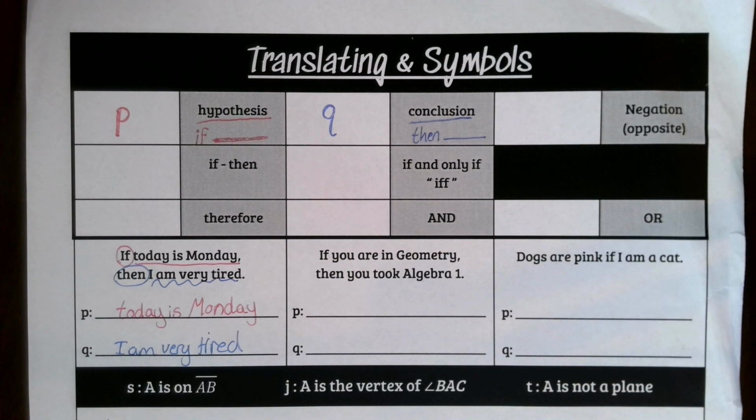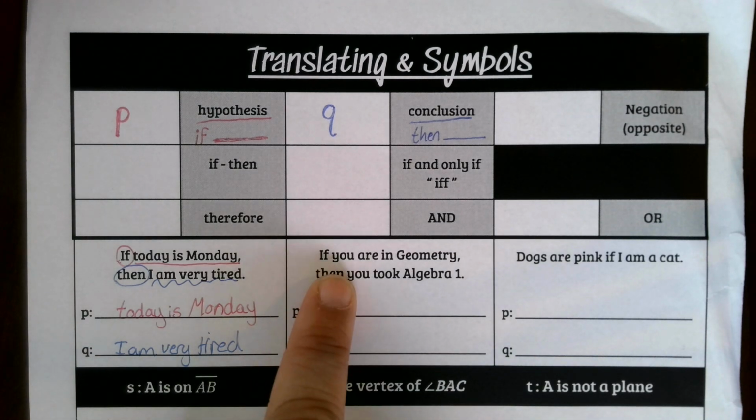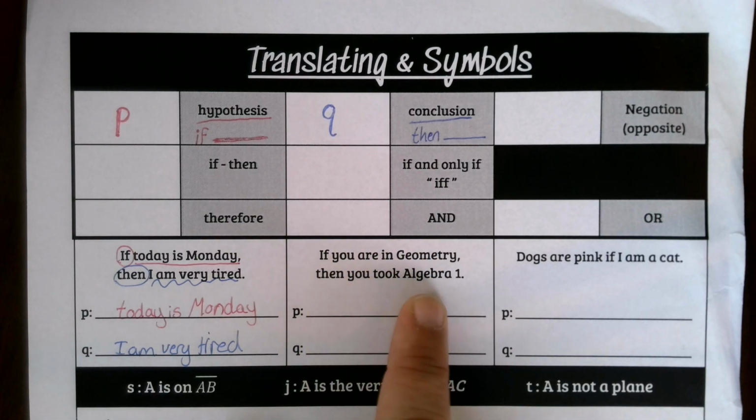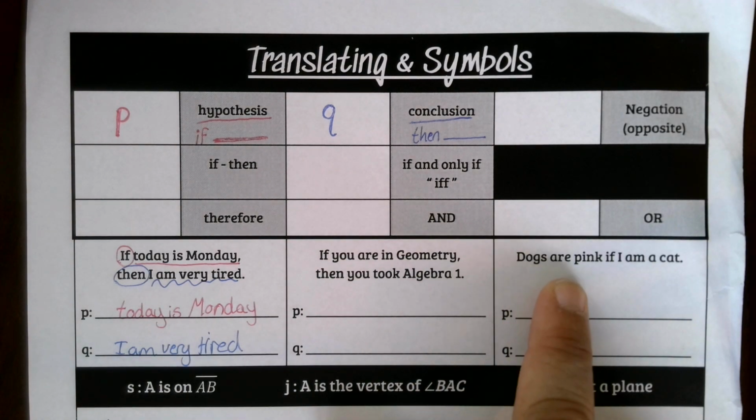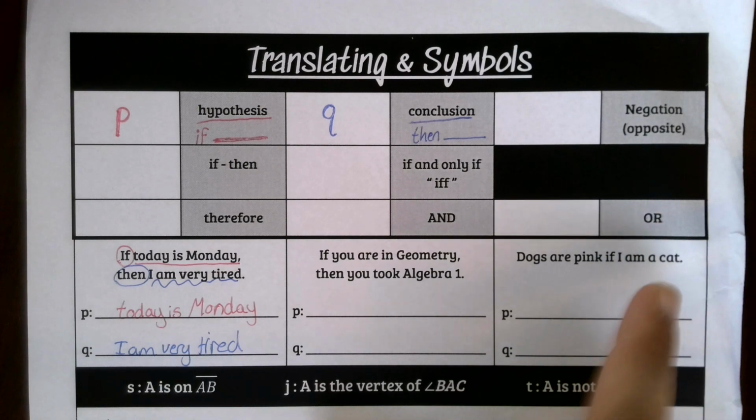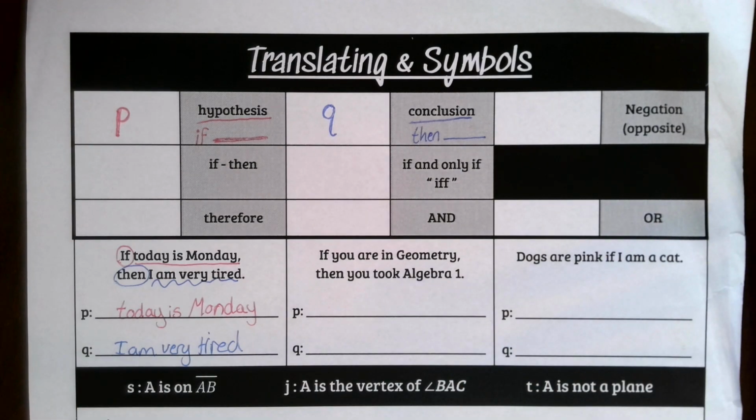So there's a couple other ones that you need to be aware of as we're going through here for symbols. But why don't we take a look at this. This, if you are in geometry, then you took Algebra 1. Okay. And it says, dogs are pink if I'm a cat. Oh, that's sneaky. Okay. So I'm betting that you can figure this one out.